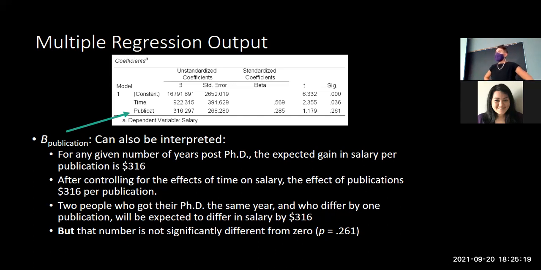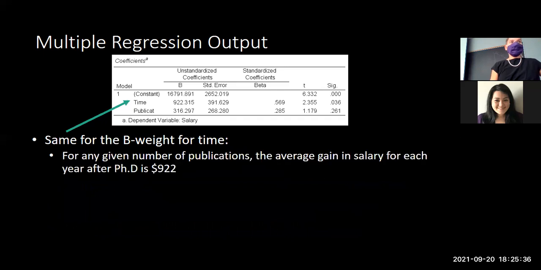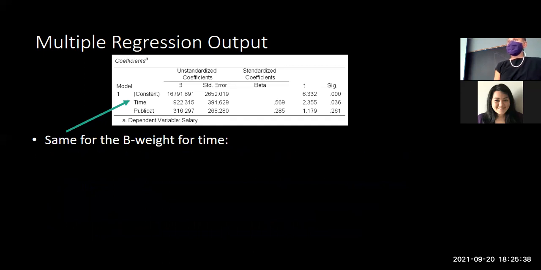When you are working on your homework assignment, feel free to take any of these sentences and copy them in and change the variable names to your own. But if you were looking at time instead, say for every additional year, that difference would be statistically significant. How would you do that? For every additional year, what else do you need to say?